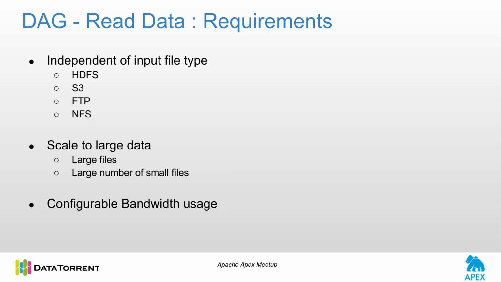It should also scale to copying large files of terabytes in size or even bigger, and at the same time a very large number of small files. Your performance shouldn't change just because these are different use cases, and the design should be the same for both. Optionally, you should be able to configure the input bandwidth that you would like to use for this application.